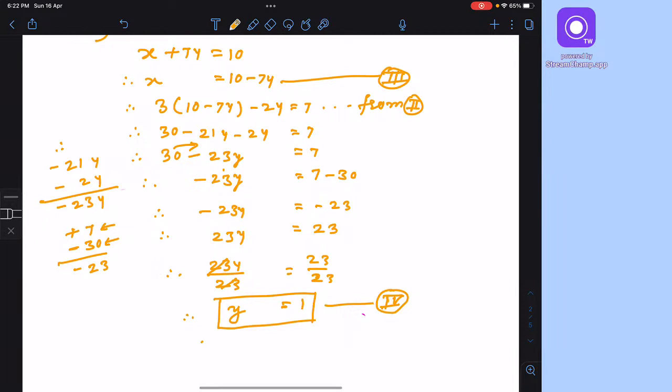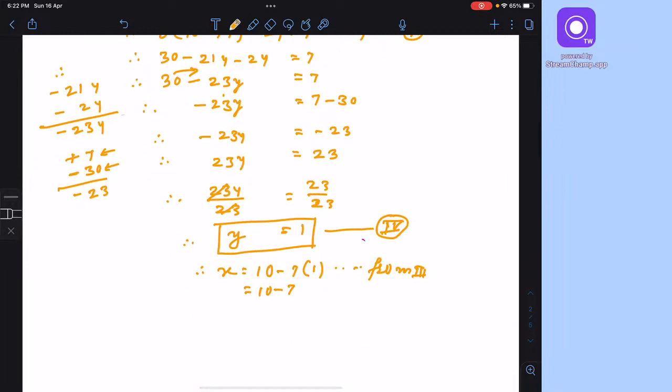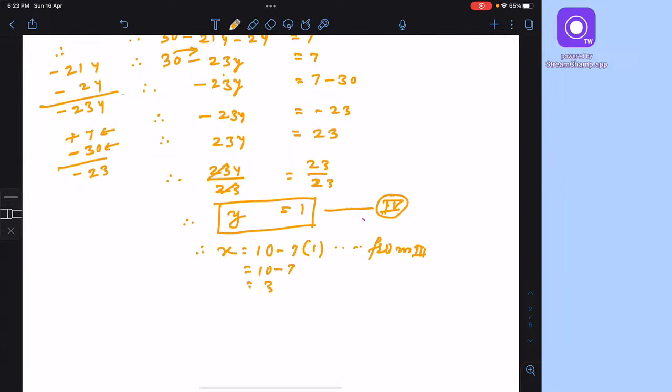and therefore x is equal to 10 minus 7 and y is 1. This is from 3. That is 10 minus 7 into 1 is 7. 10 minus 7 is 3.